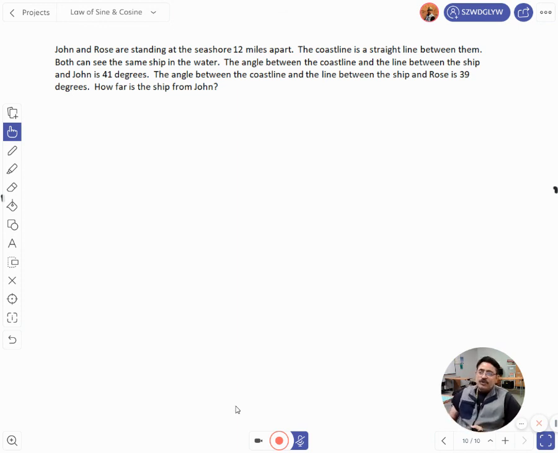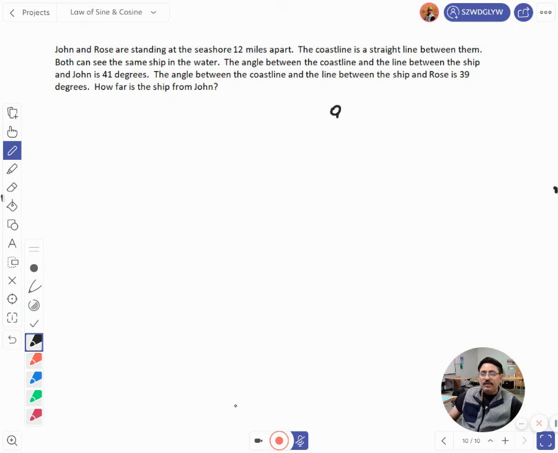Well, in this question, diagram is not given. I see that John and Rose are standing at the seashore 12 miles apart. So, let me draw a figure here. Here is John. And on the other side, Rose is standing here.